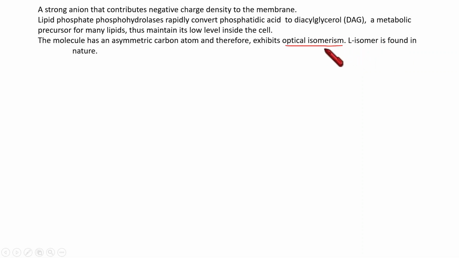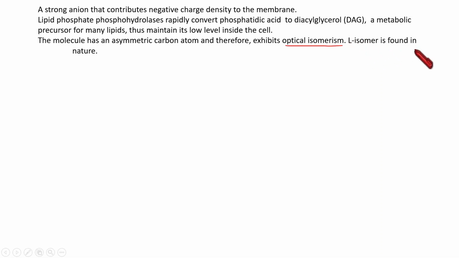As optical isomerism can be shown by this phospholipid, we should know which isomer is found in nature. It's the L isomer, meaning the isomer which can shift the plane polarized light to the left side.